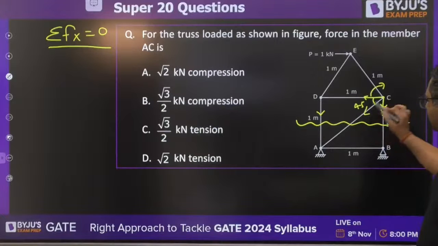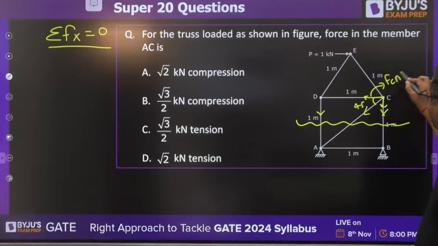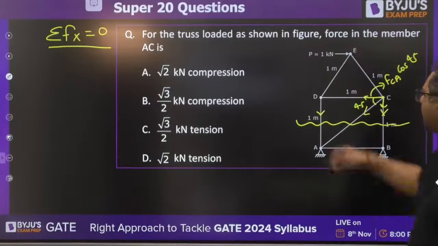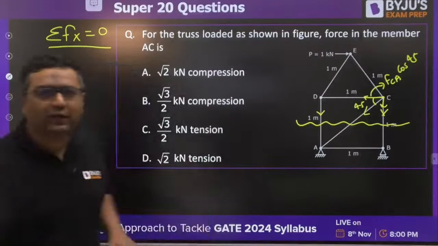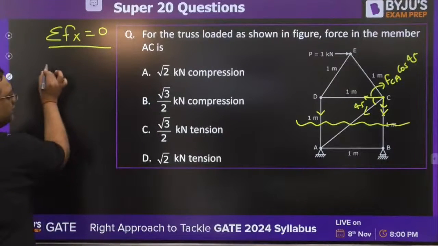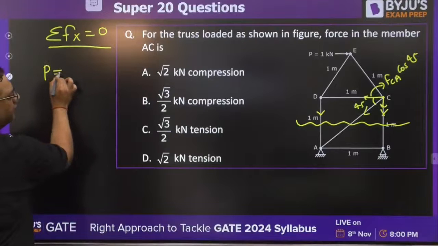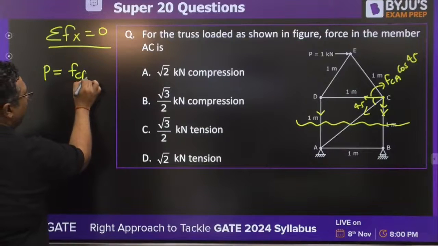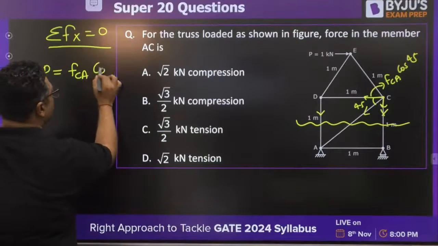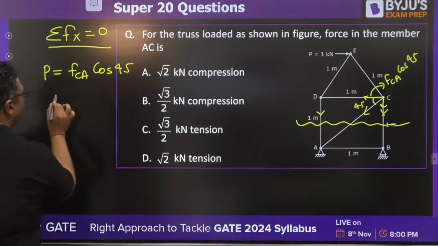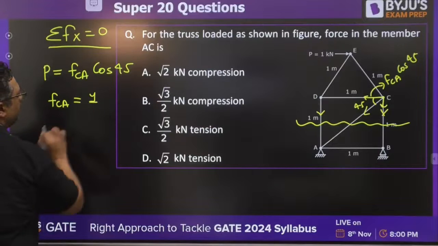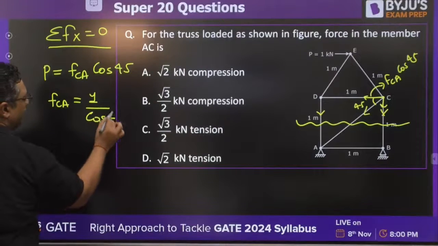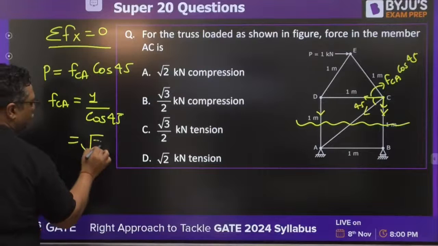If this force is FCA, this is FCA cos 45. If you see this part, there are only two horizontal forces, one is this, other is this. So when you go for summation Fx = 0, you will say P = FCA cos 45. So FCA will come out to be P, which is 1 kilonewton, divided by cos 45. The answer is root 2 kilonewton.